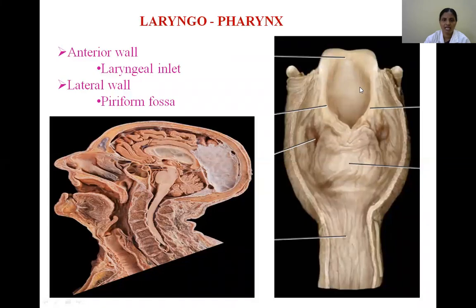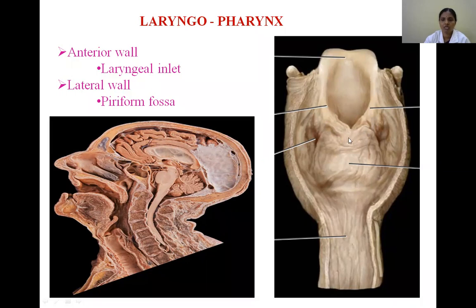Yesterday we finished the larynx. So what is this laryngeal inlet? It is a communication. What are the boundaries of the laryngeal inlet? Above and in front, it is bounded by the upper border of the epiglottis, which is a cartilage. Then on either side, there is a fold.